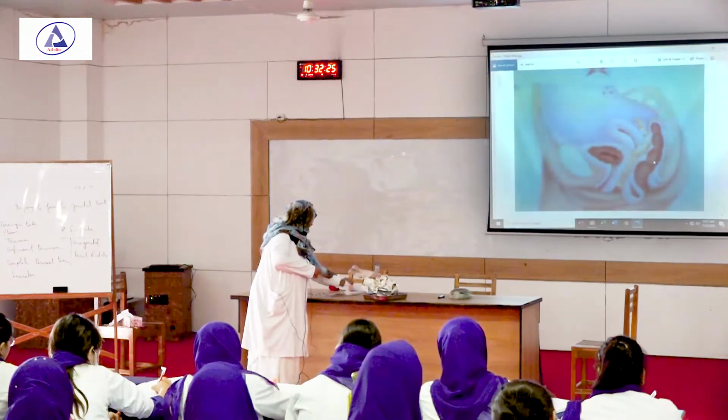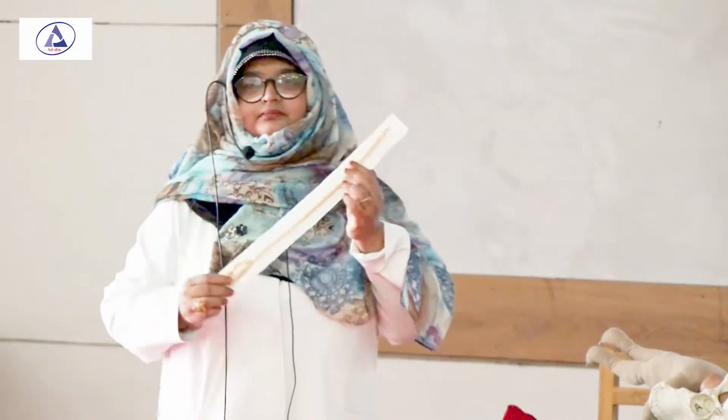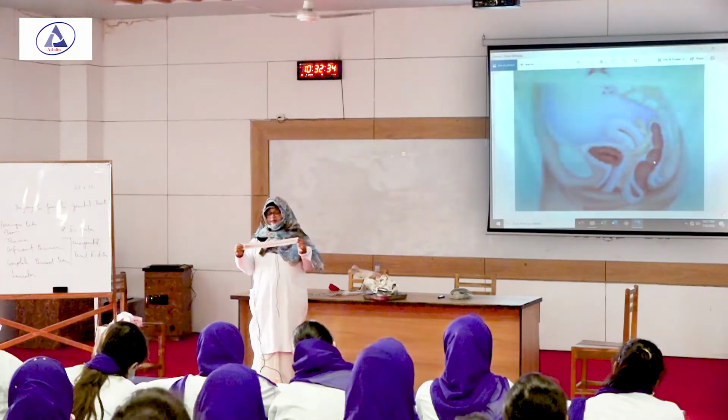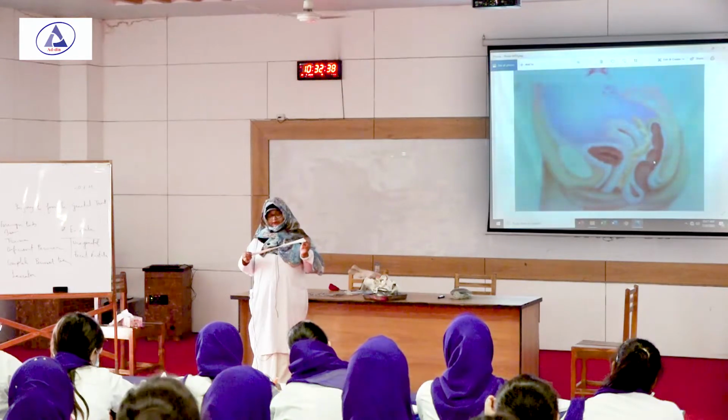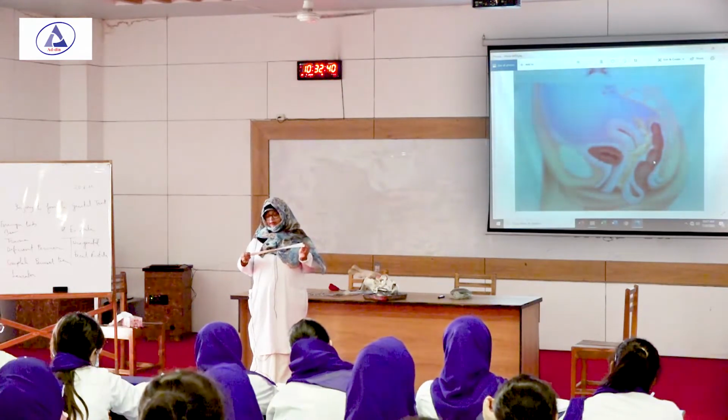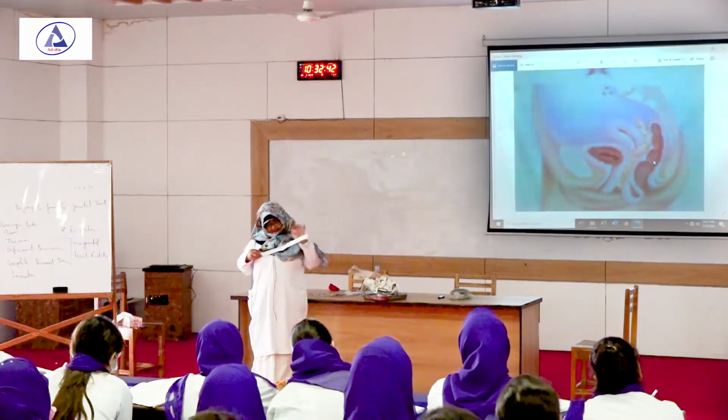Just, what is this? Catheter. Name? Foley. Always when you go to the ward, always see everything. What is it? If you see the name here, the Foley balloon catheter, what are the materials, all information is in the packet.